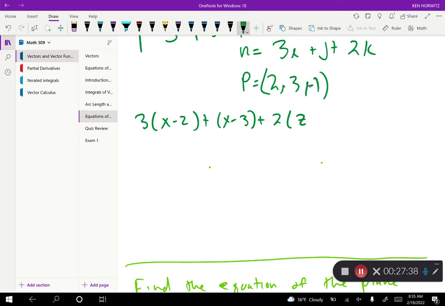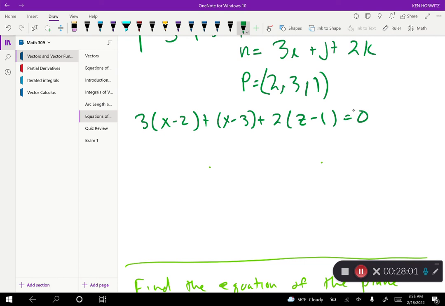That should have been a negative there, right? On my P, I think. No, 2, 3, 1. Yeah, 2, 3, 1. So -1 equals 0.